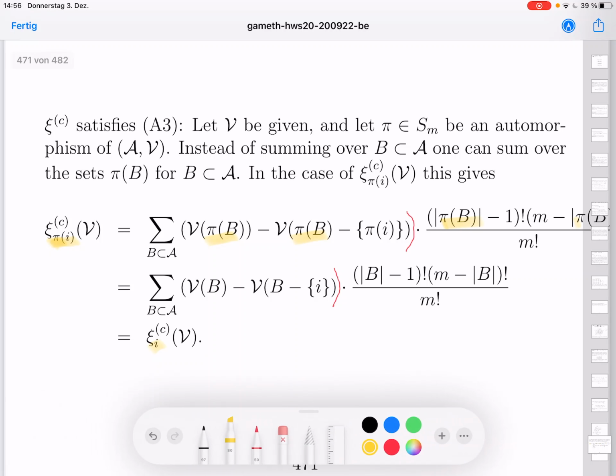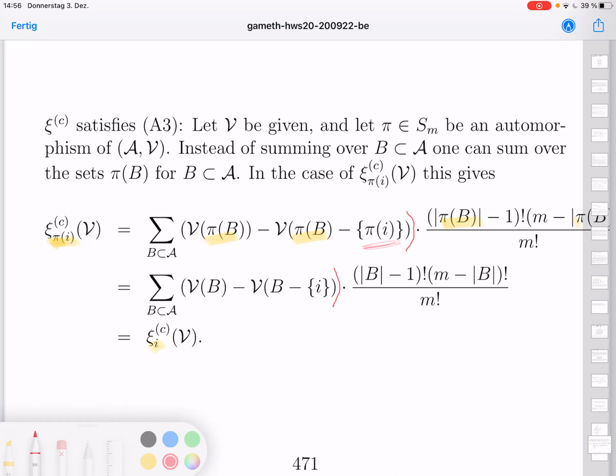But the pi here, that's different. That's an important part that comes from the pi of I here. So this first line here is now the formula for the entry psi upper index C pi of I of V. And now I make a calculation.